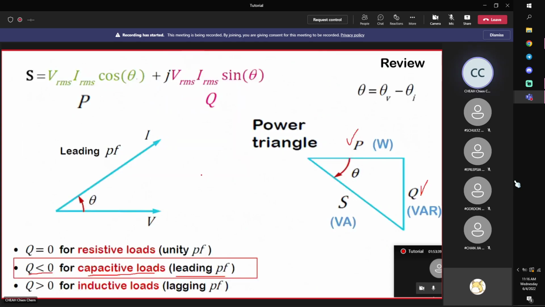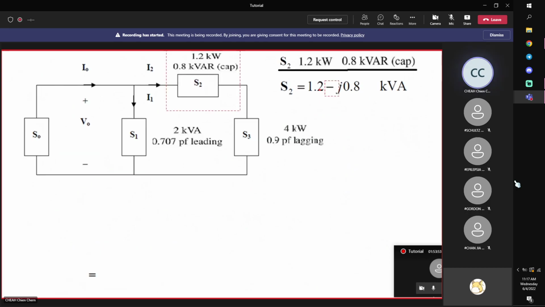As I told you, capacitive is negative j over omega C, so remember this negative value. So the real part is 1200 watts, the reactive part is 800, and because it's capacitive, it's negative reactive power.